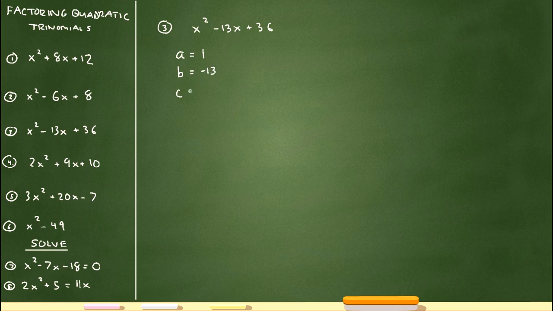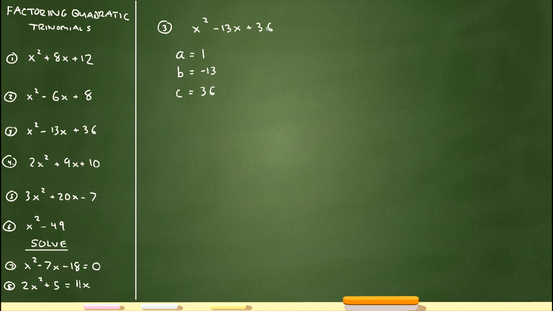And c is going to be our constant number, which is 36. So you see how a, b, and c, these are all just constant numbers. Now, this will be helpful for the future. You're going to need to be able to identify a, b, and c fairly quickly for many examples, so it's good to get used to that now.